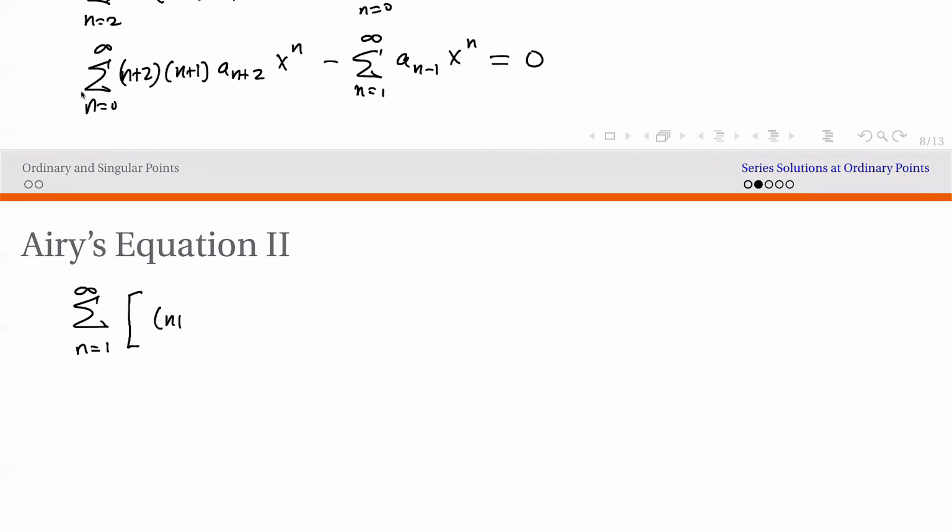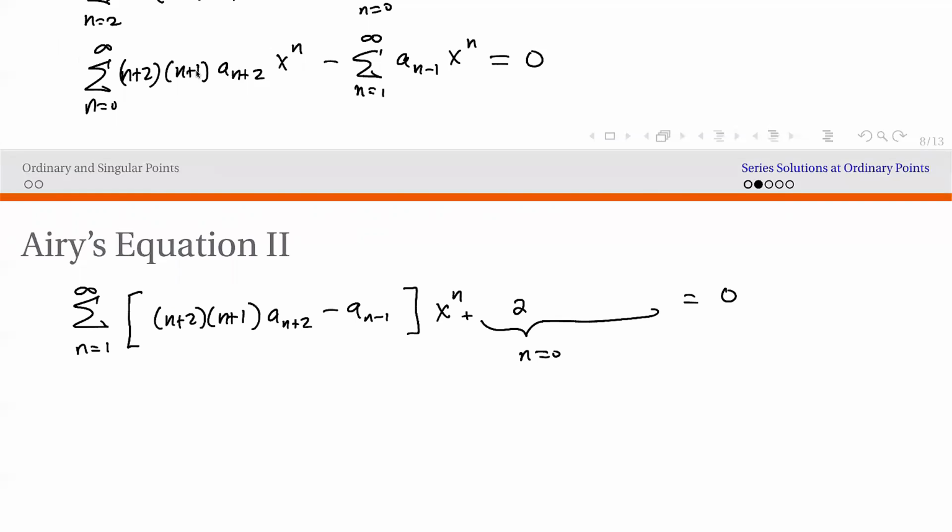But this will be n plus 2, n plus 1, a n plus 2, minus a n minus 1, all to the x to the n. Then we're going to have the n equal to 0 term here, and all of this will equal 0. So what is the n equal to 0 term? Well, if you plug in n equal to 0, you get 2 times 1, a2 x to the 0, which is 1. So I guess I didn't need that much room.